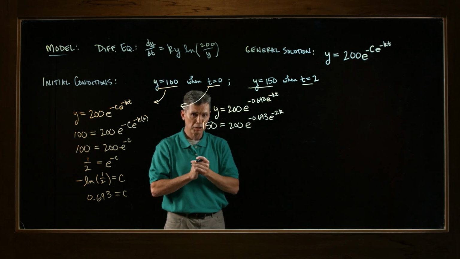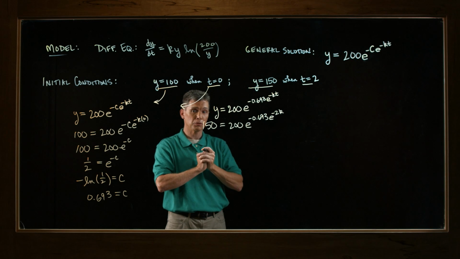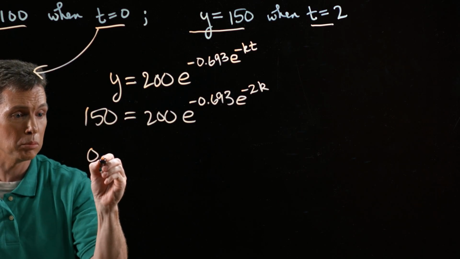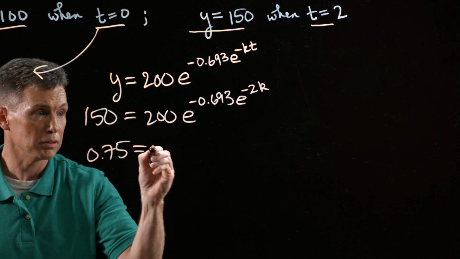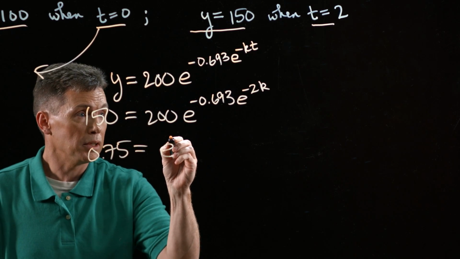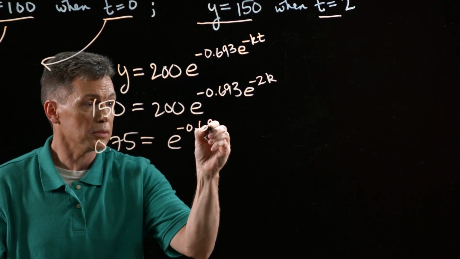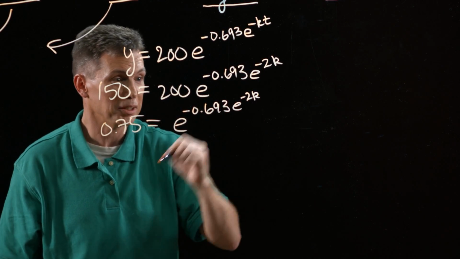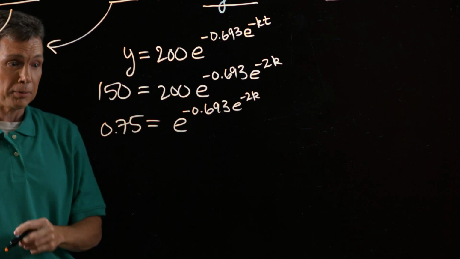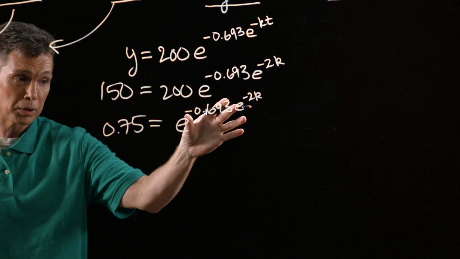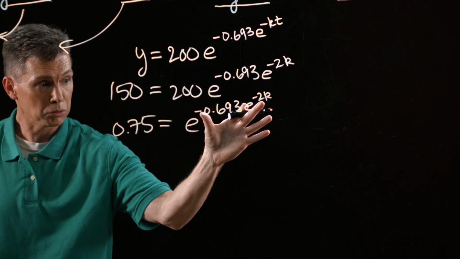Now this equation we can solve for k. A little bit of algebra and definitely a bit of computation. Bring the 200 over. I'll get 0.75. That was just a division by 200. E raised to that negative 0.693 e raised to the negative 2k power. Now really solving for k here, I know it's involved, but it's e raised to a power.